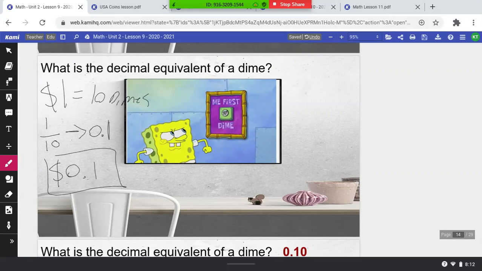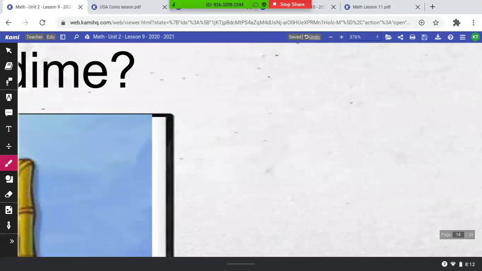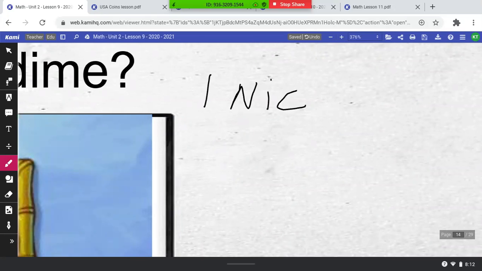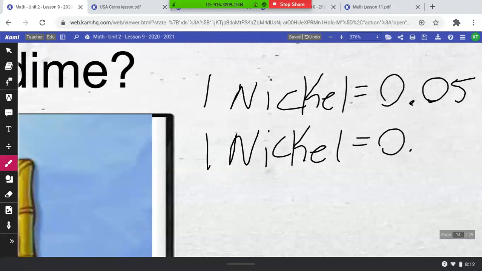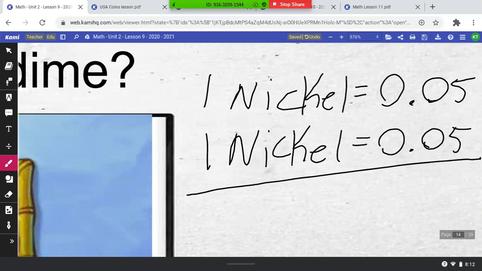But here's a trick situation to help us out or to give us an idea. One nickel. So let's add these. If I add these, I would have 2 nickels.